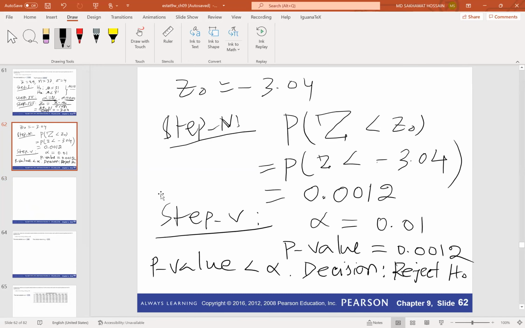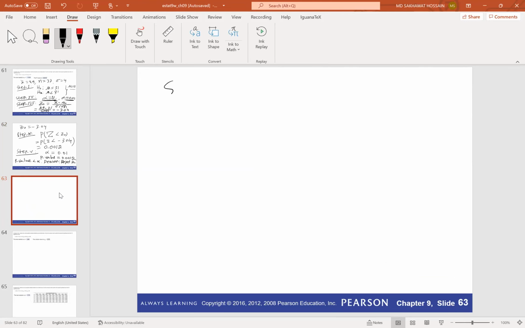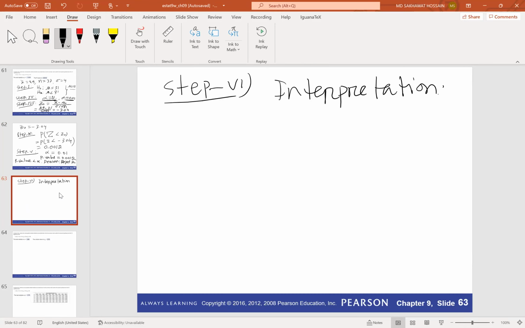Okay, since we reject the null hypothesis, now we need to write the interpretation. So step 6 is interpretation. You need to always report the level of significance.